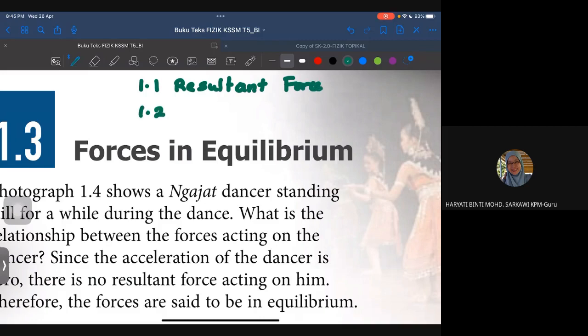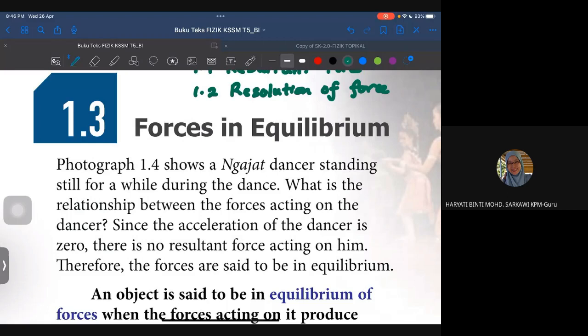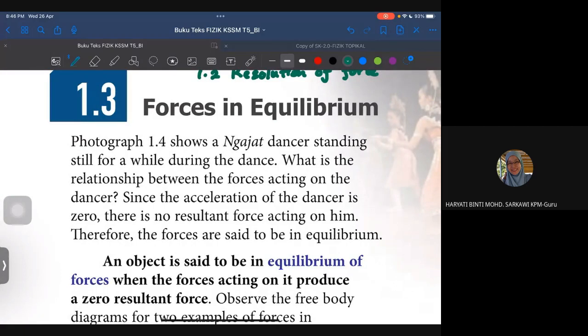And then the second subtopic is resolution of force. So the third one is forces in equilibrium. These forces in equilibrium actually combine the first and second subtopics, so you need to know the first and second subtopics before you go through this 1.3 forces in equilibrium.